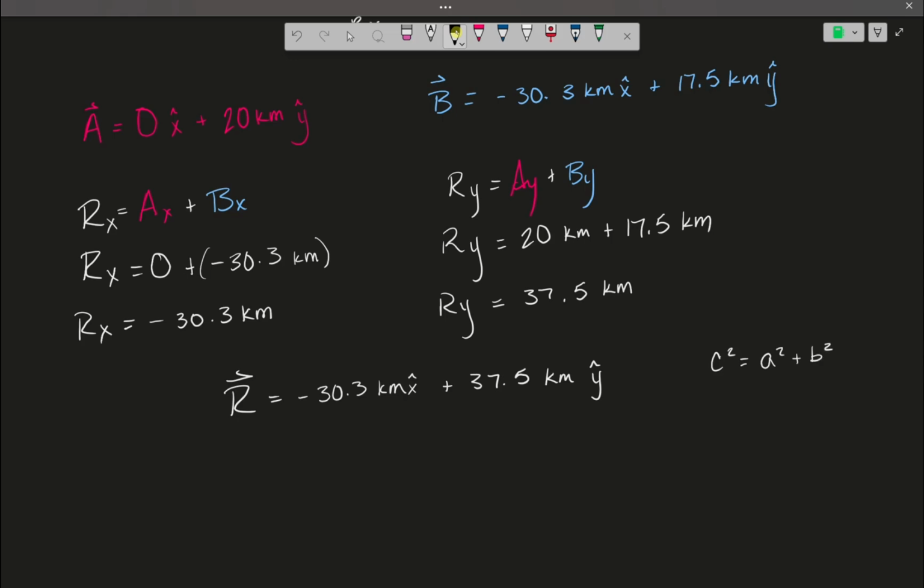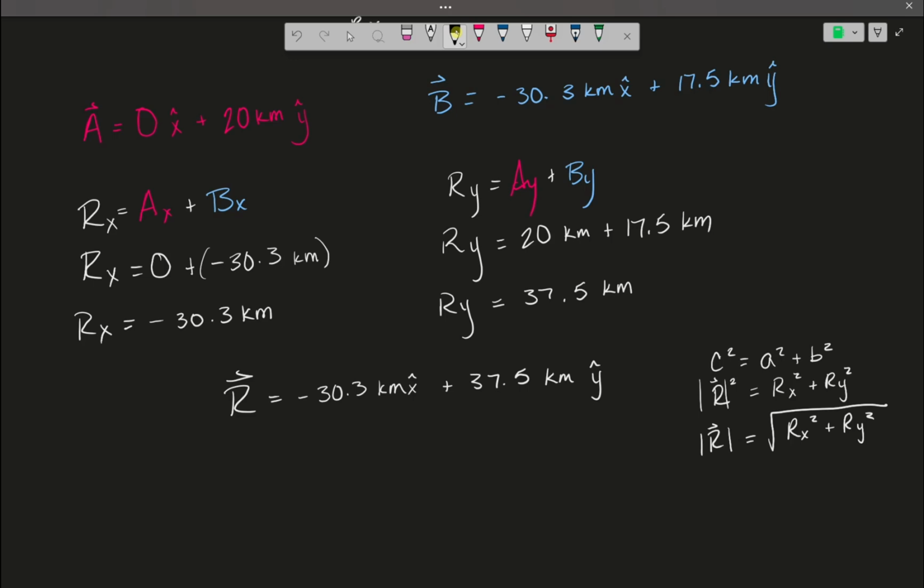In this situation, we would have that the resultant vector squared is equal to its x component squared plus its y component squared, right? And this is my magnitude. So the magnitude of this vector is going to be the square root of its x component squared plus its y component squared.